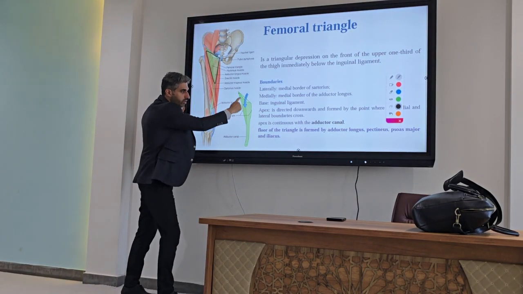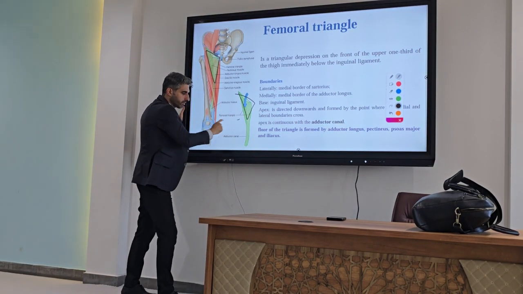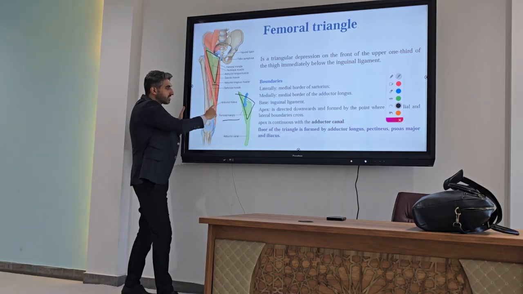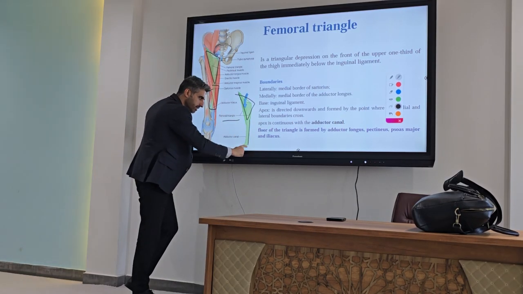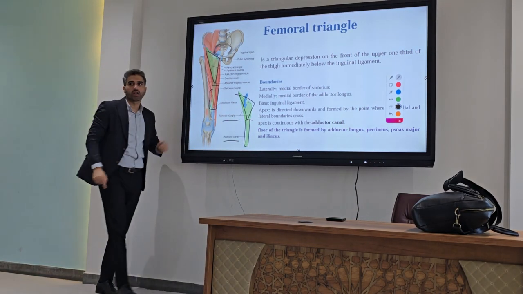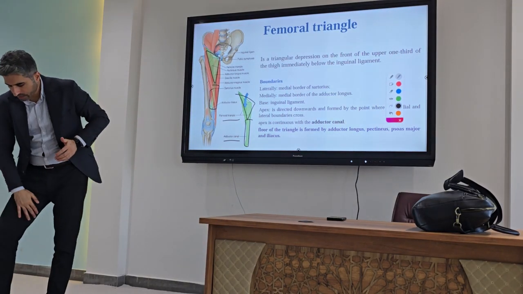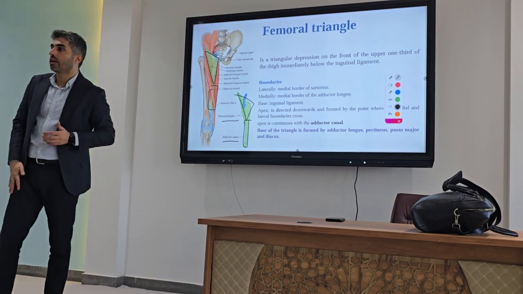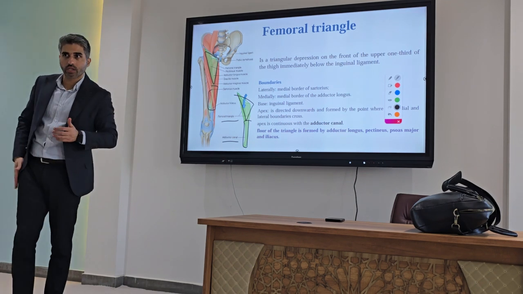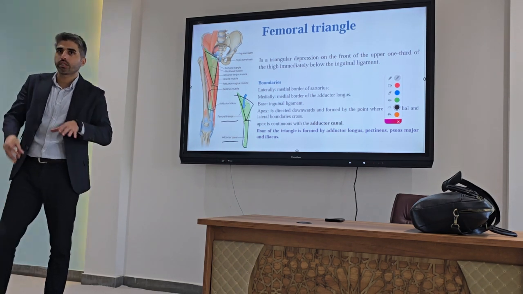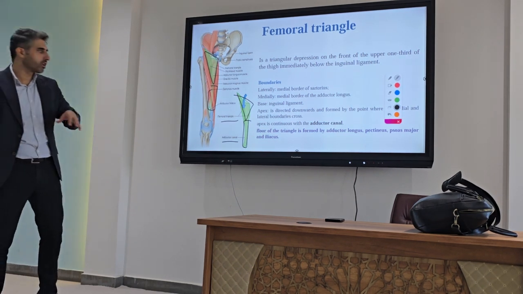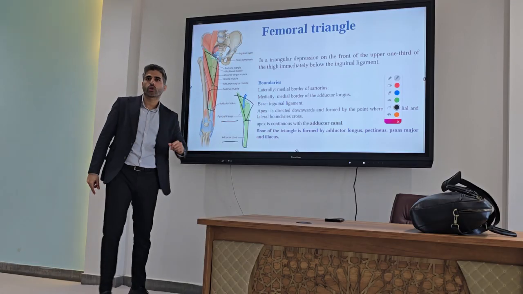In the middle 1/3, the name of the canal is the adductor canal. I will tell you, the muscles on the medial side of the thigh are adductor muscles because they can do adduction. Between these muscles, we have one canal, and we say adductor canal.